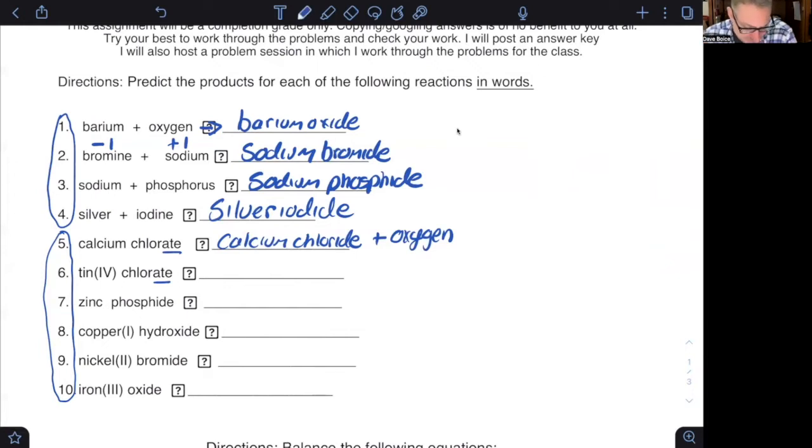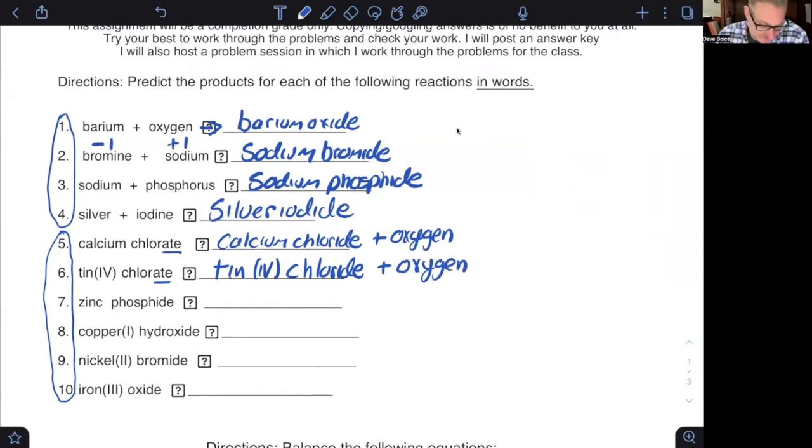Tin(IV) chlorate. Okay, so that's going to do the same thing. Okay, it's going to split off and leave oxygen. So we're going to end up with tin(IV) chloride plus oxygen.